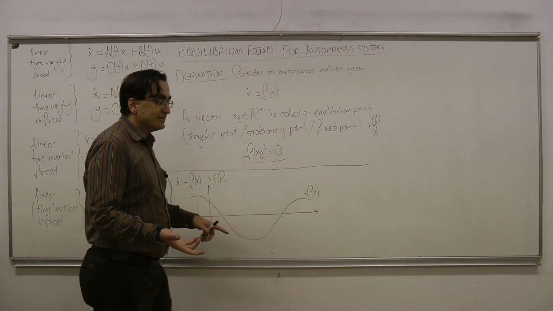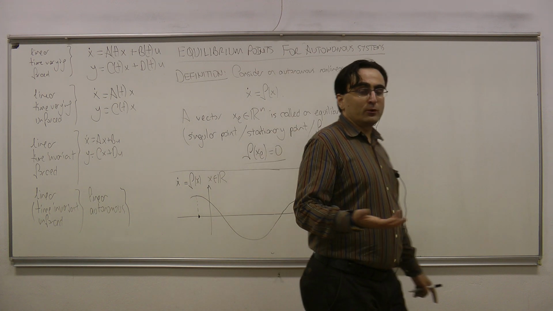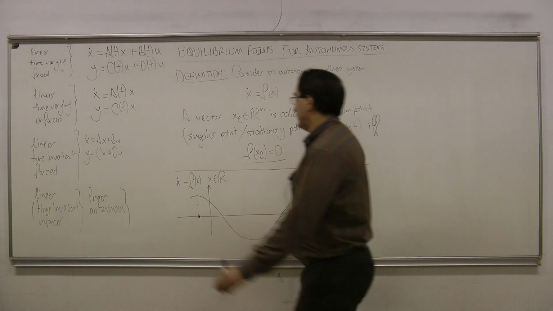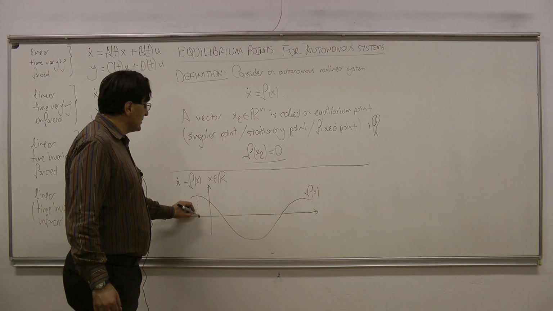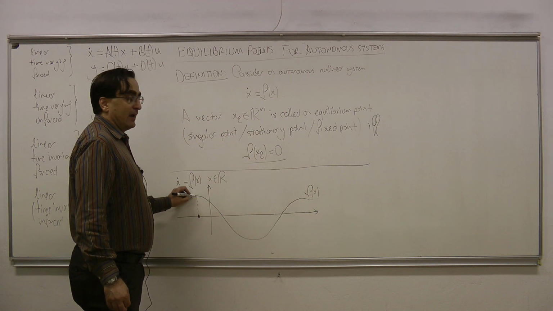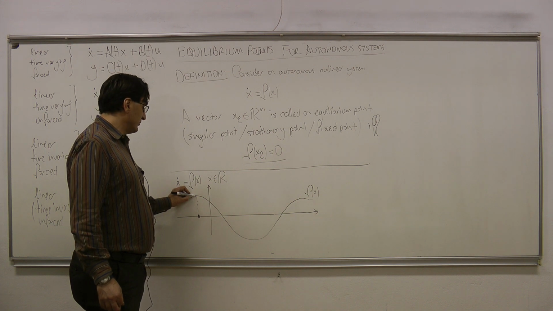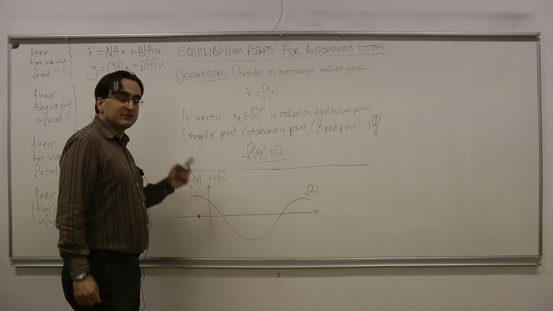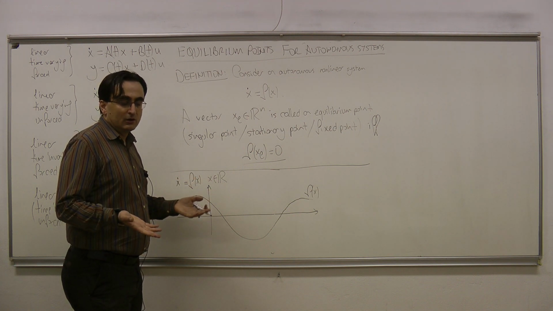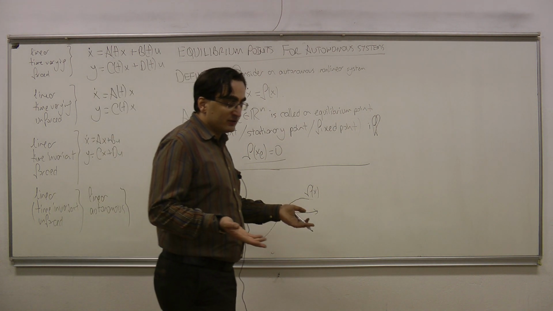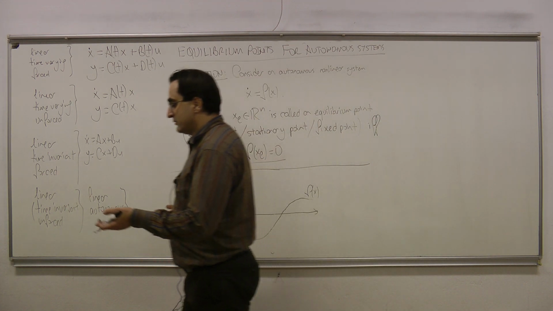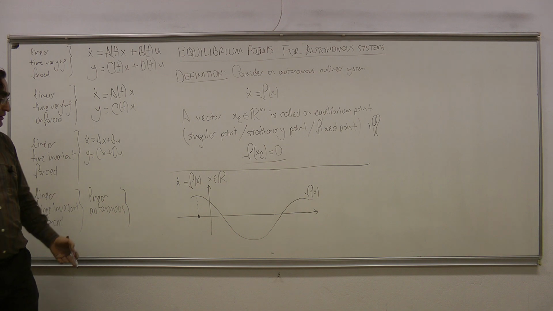What is x dot? x dot is the rate of change of x. If I start the system here, since f of x is positive at this point, x dot is going to be positive, which means that x is going to increase. If the time derivative is negative, then x is going to decrease.